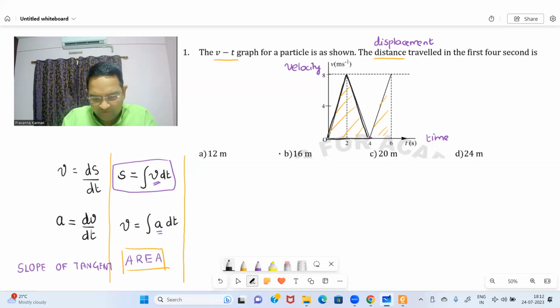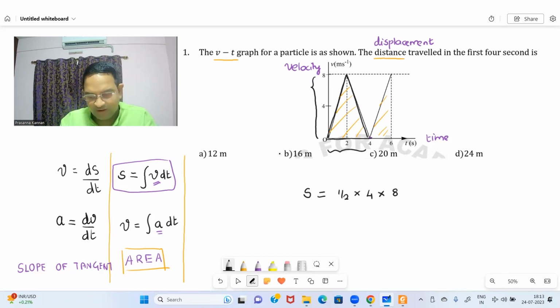So for one triangle, half base into height. The required displacement is nothing but half base into height, which is half, base is 0 to 4, which is 4, into height. What is the height, students? 8, sir. Excellent.